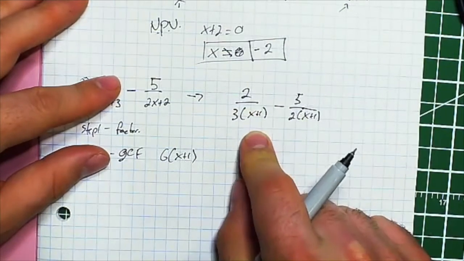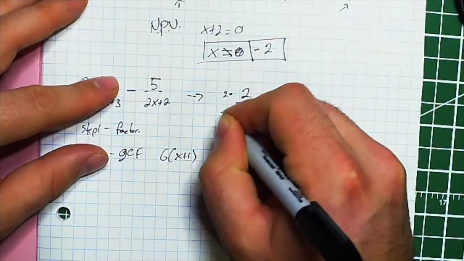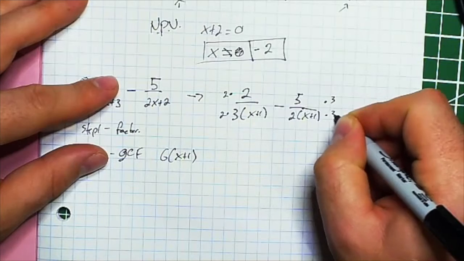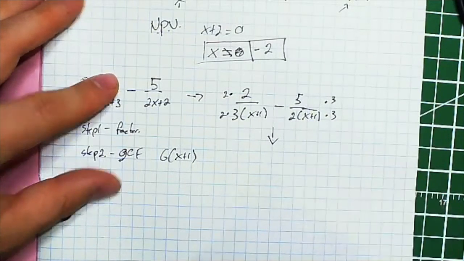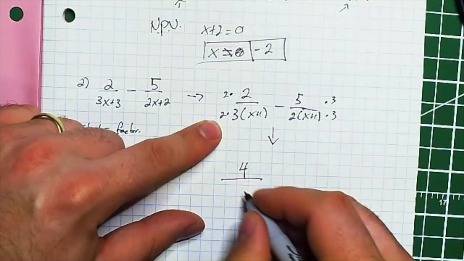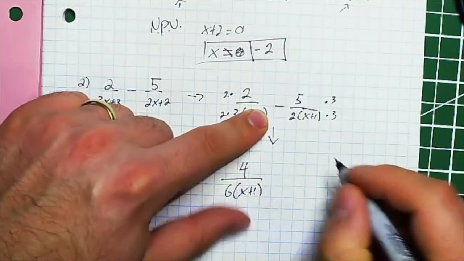So what do I do to each of these to get 6 times x plus 1? Well, for my first one, I'm going to multiply my top and bottom by 2, and my second one I'm going to multiply top and bottom by 3. So 2 times 2 turns into 4. It's actually 4 over 6 times x plus 1.